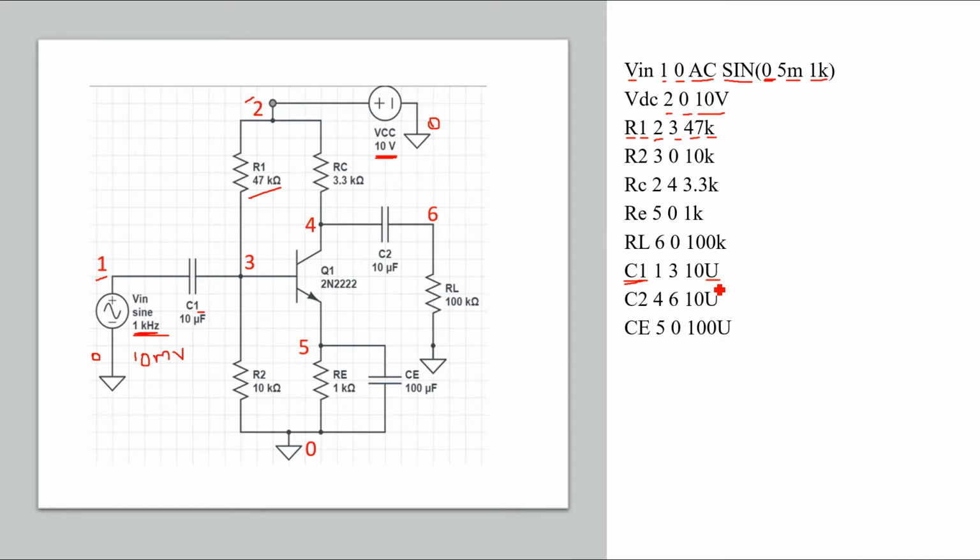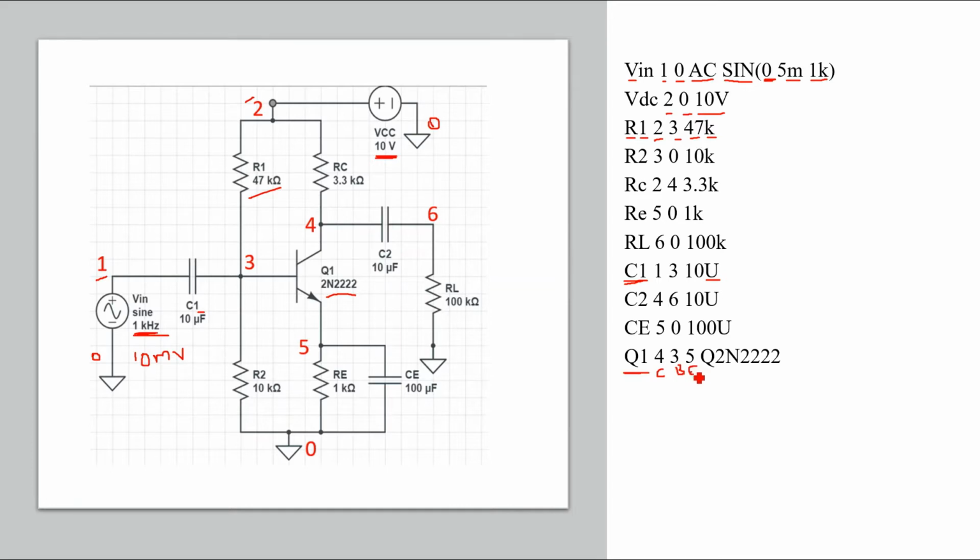Next, we have to consider the transistor. Transistor is given by capital Q. So if you see over here, capital Q indicates that this is a transistor. The nodes are, the node for the collector will come first, then the node for the base, and then the node for the emitter.